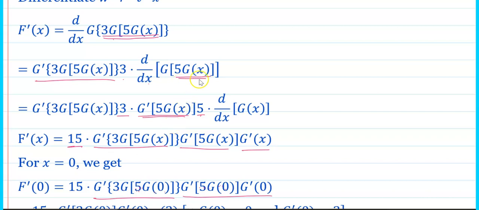Next, this is g of x, d/dx of g of x, a derivative, which is g dash of x. And finally, here we write the value x equals 0.